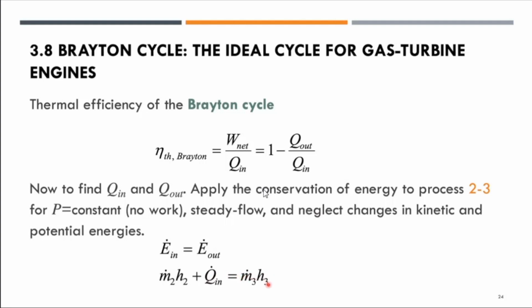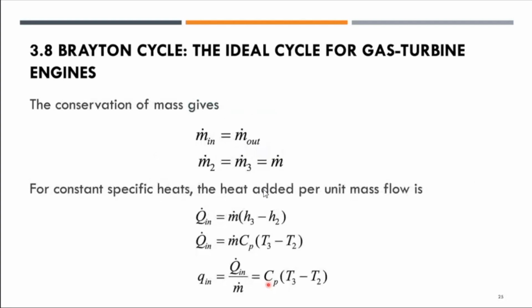This is happening at process 2 to 3. The conservation of mass gives the mass flow rate into the system equal to the mass flow rate out of the system. So we know that m dot 2 and m dot 3 are the same, right? So we can just use the symbol m dot.